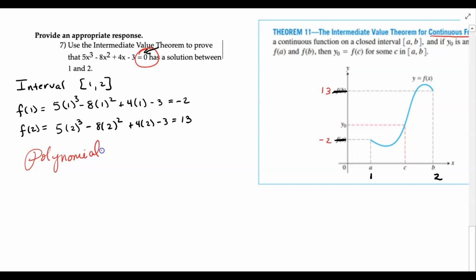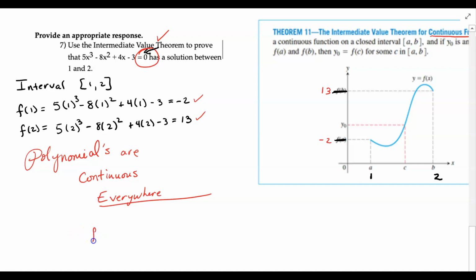And what do we know about polynomials? Polynomials are continuous. And here's the trick: everywhere. Polynomials are continuous everywhere. So the intermediate value theorem can apply, and we know that this is f of 1, and this is f of 2.